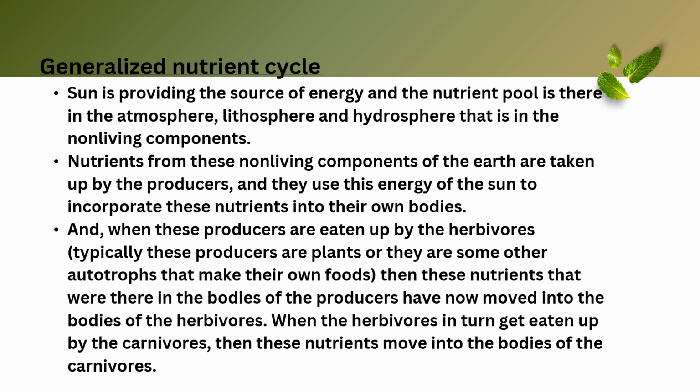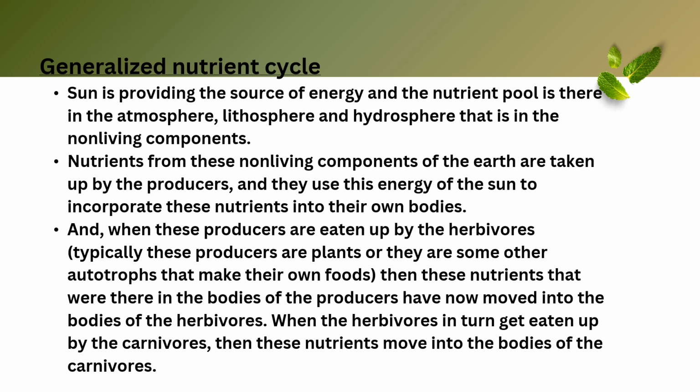Here I am explaining a generalized nutrient cycle where the sun is providing the source of energy and the nutrient pool is there in the atmosphere, lithosphere, and hydrosphere, that is in the non-living components. Nutrients from these non-living components of the earth are taken up by the producers, and they use this energy of the sun to incorporate these nutrients into their own bodies.